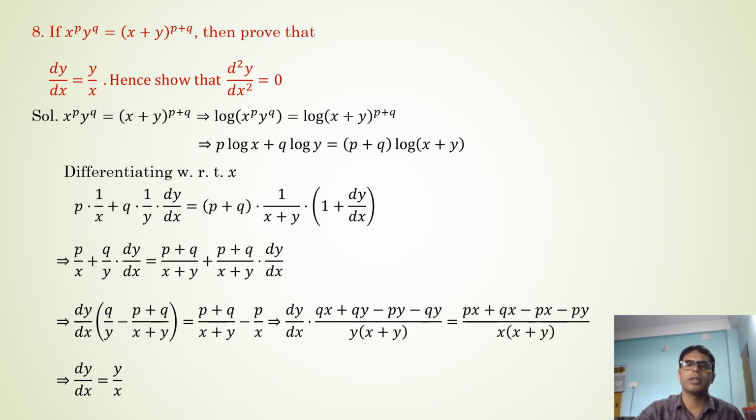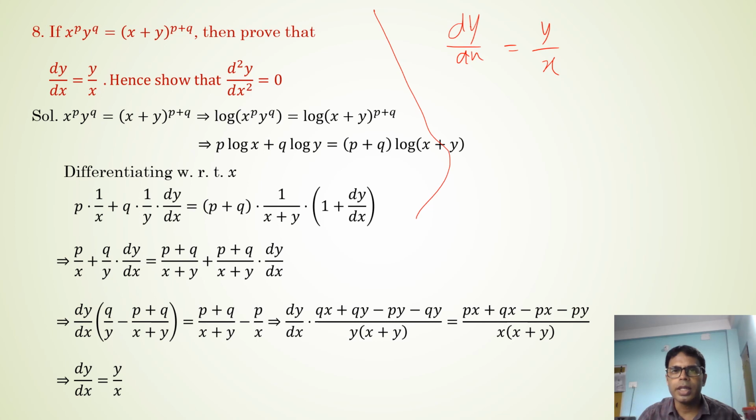Here dy dx is obtained as y by x. So second time if you take the derivative of the second order, d2y dx2, go to the right hand side and it is a quotient function.